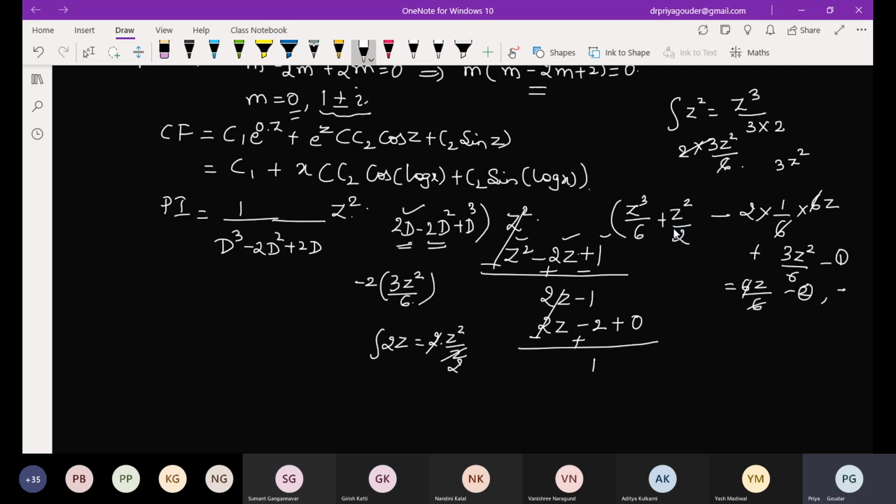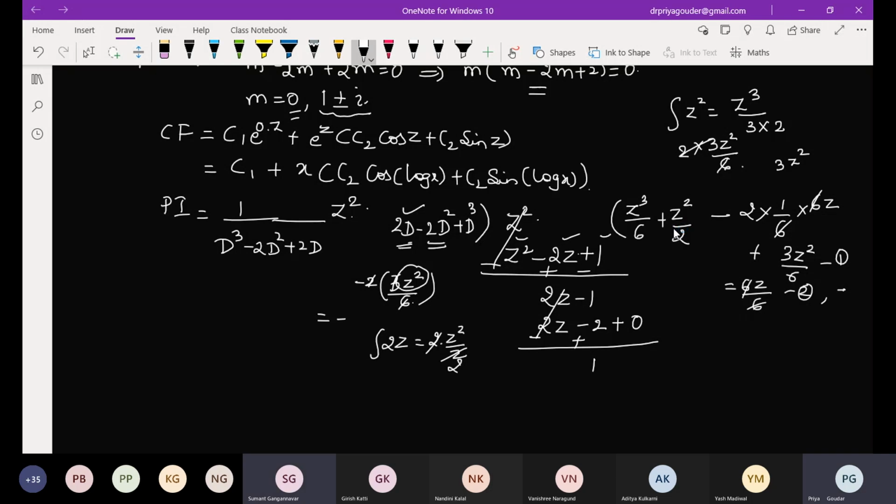So now this is 3 2s are 6. I'll cancel it. Remaining is minus z square. But this is only first order. I want the second order. So what is one more derivative of z square? 2z. And outside I have a minus, so isn't it minus 2z?